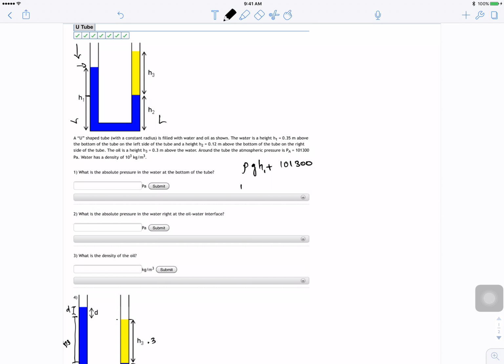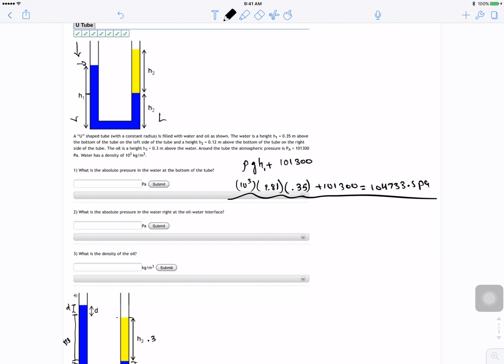So it's 10 to the third times 9.81 times 0.35 plus 101,300, and that will give us 104,733.5 Pascal.